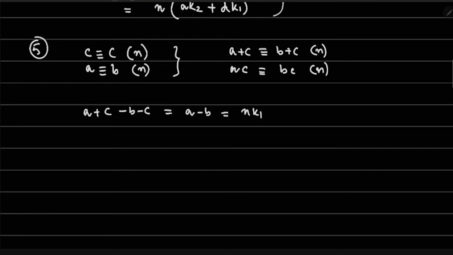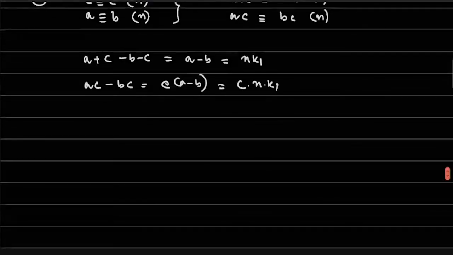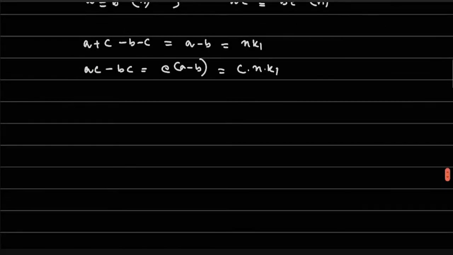That means A plus C is congruent to B plus C mod n. Similarly, AC minus BC will be simply C into A minus B, that is equal to C into n into k1, that is a multiple of n. Therefore AC is congruent to BC mod n. This is a direct approach.